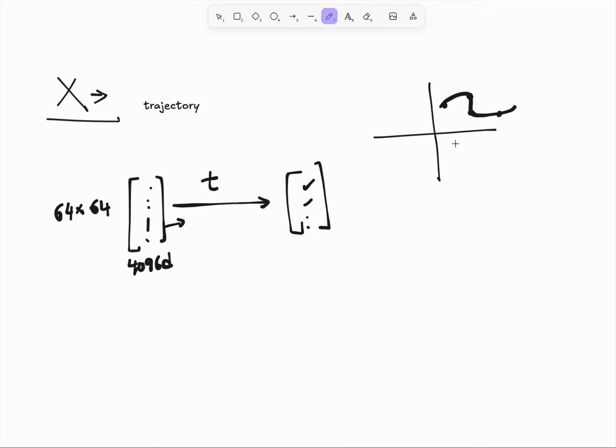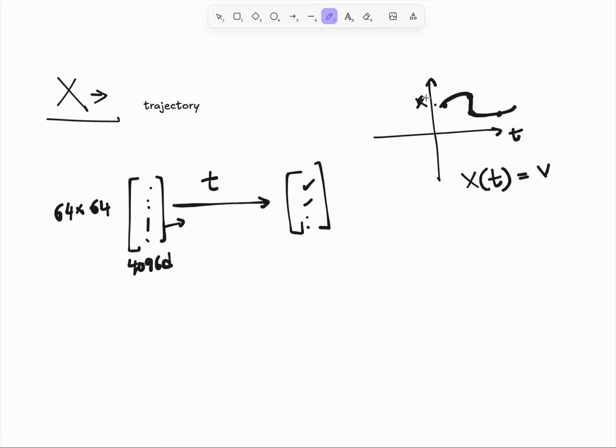This is your t, and this is your x. So you have x at different time steps, and your trajectory is the function x of t, and you get the vector.